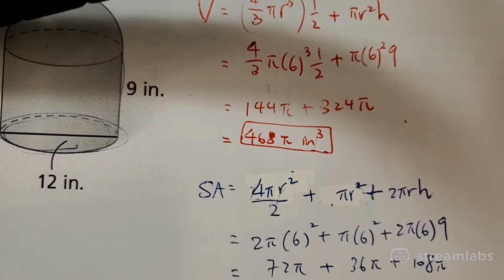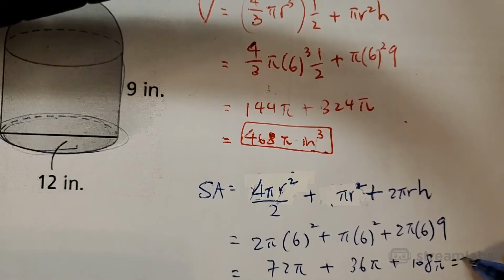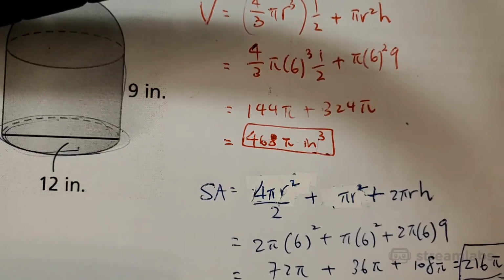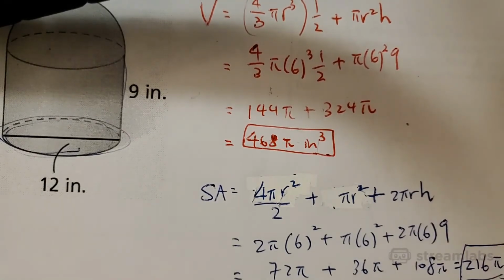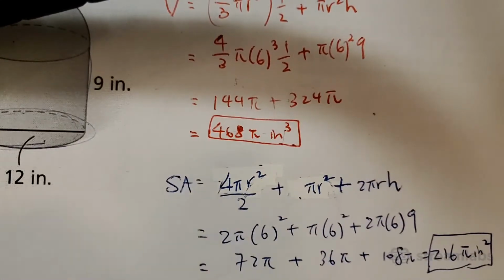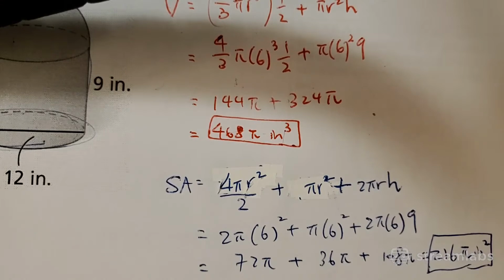So it turns out to be 216 pi inches squared. Okay. That's all. Okay. 216 pi. All right.